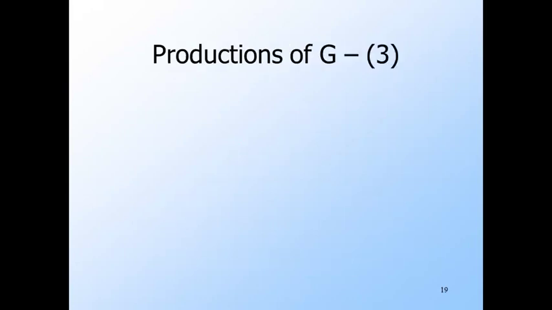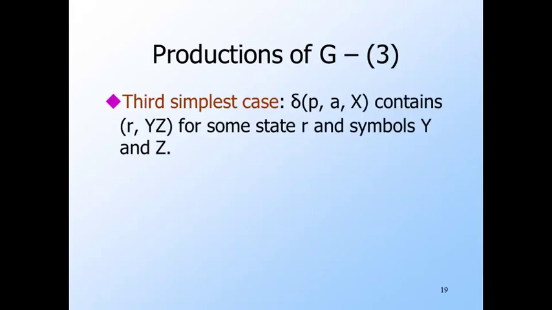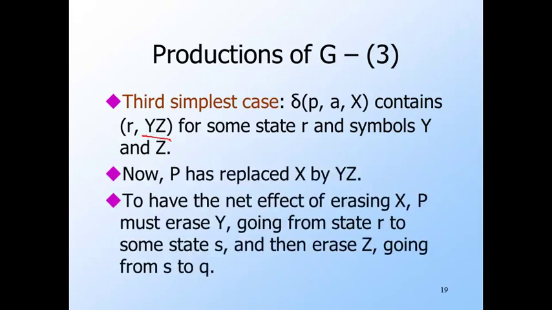Now it's getting a little more complicated. Suppose there is a move that replaces X by 2 symbols, Y and Z, while going to state R and reading A from the input. That is, the new stack YZ replaces X. In order for X to be erased, there must be some input string U that has the net effect of erasing Y, and U must take the PDA from state R to some state S, which unfortunately we don't know.